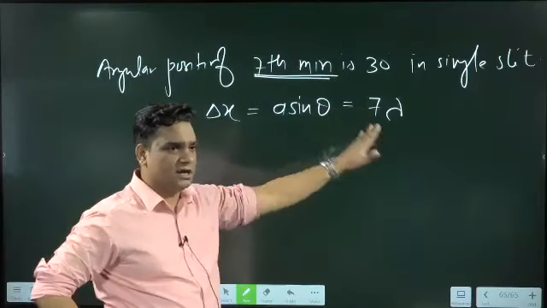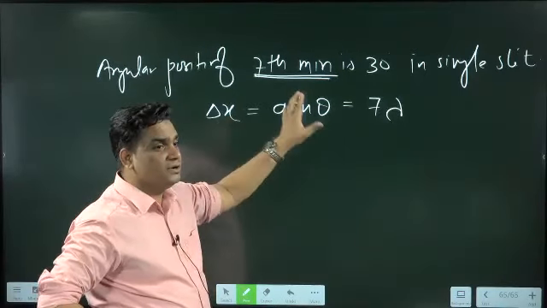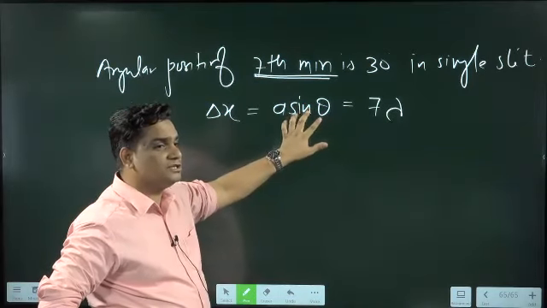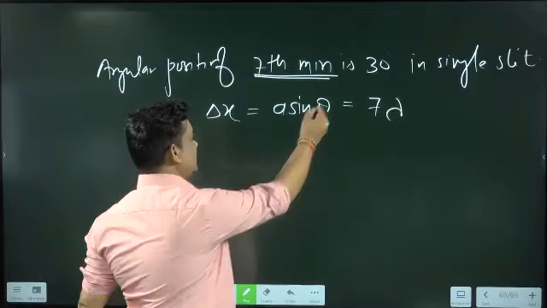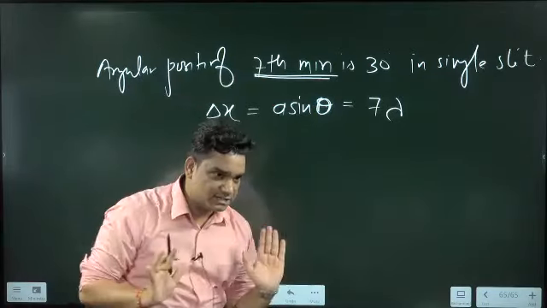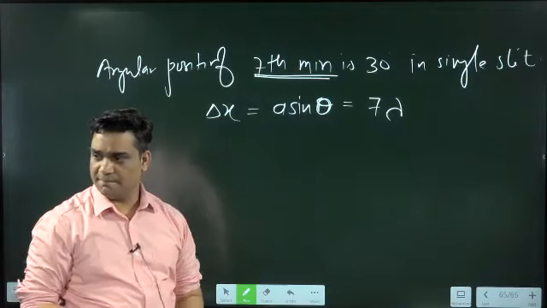Then we can get the answer. If they are asking your angular position, then you have to write always sine theta is the angular position. So every formula is same, only that 0.5 shifting is there in diffraction, nothing else. Okay.